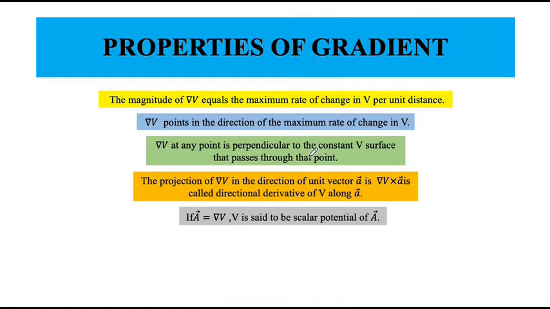Okay, and the projection of the gradient in the direction of unit vector a, given by the dot product between them, is called the directional derivative of V along a. And similarly, if a vector A is the gradient of V, then V is said to be the scalar potential of A.